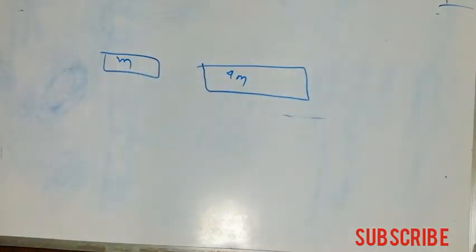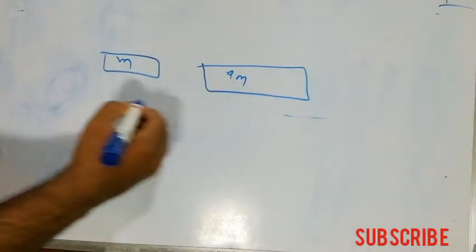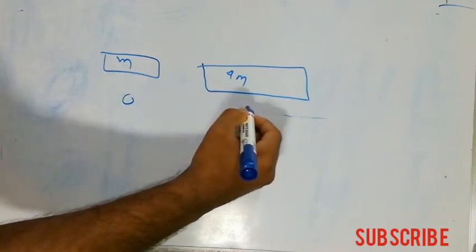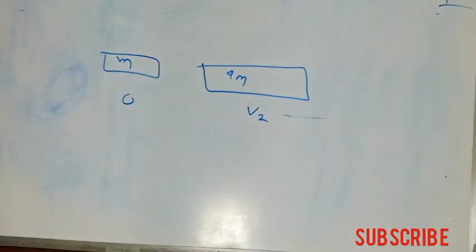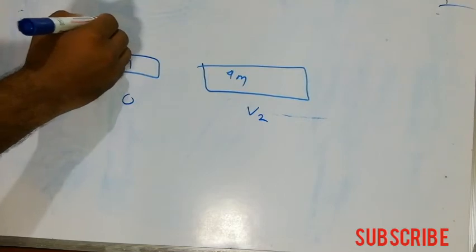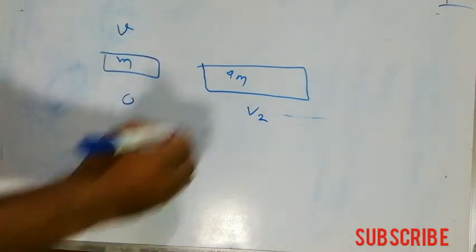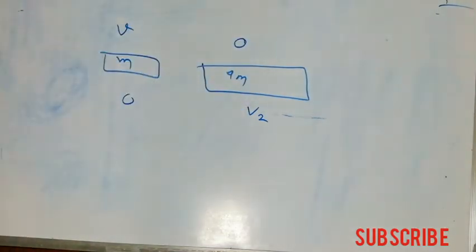Initially the 4m mass block was at rest. After the collision the lighter block comes to rest, and the heavy block gets velocity v2. Before the collision its velocity was 0.